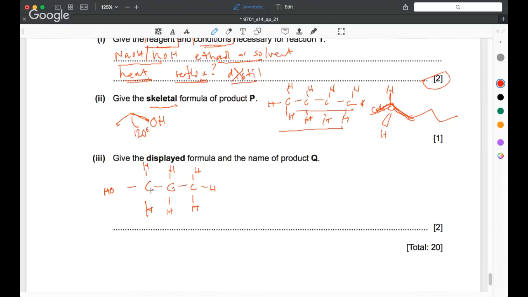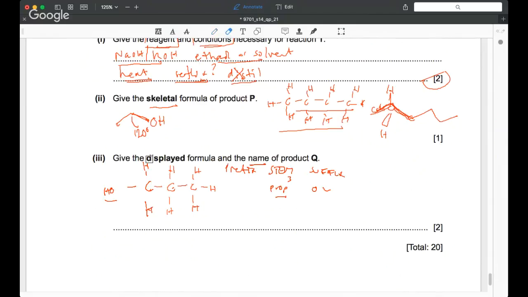You go 1, 2, 3, the stem is prop, and the functional group is an alcohol, so the suffix is ol, and we don't have to do any prefix here because it's at the 1 position, and there's only one possible 1 position. So you'd say propanol, wouldn't you?